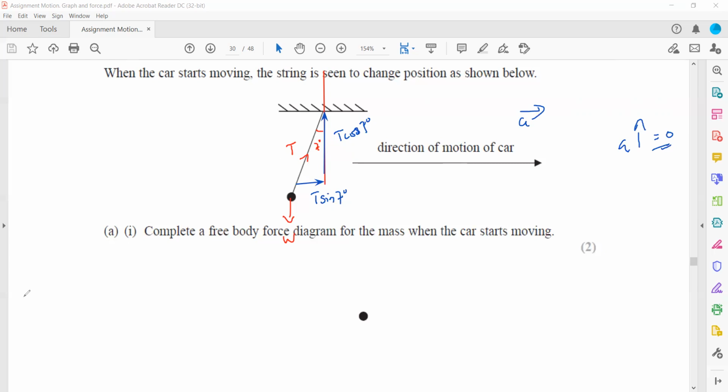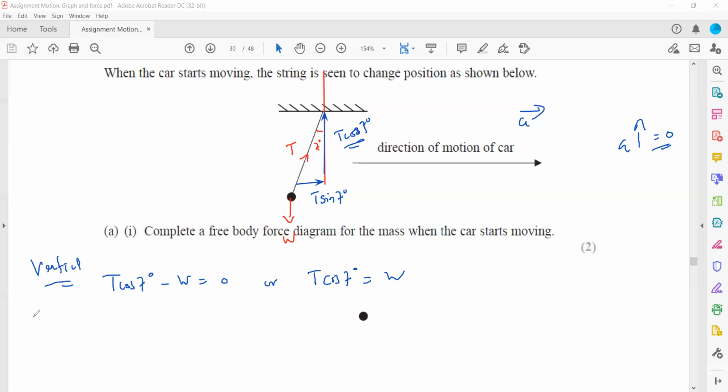So if acceleration is 0, when we take the vertical components, t cos 7 is acting up and w is acting down. So we can say t cos 7 minus w equals 0, or t cos 7 equals w.